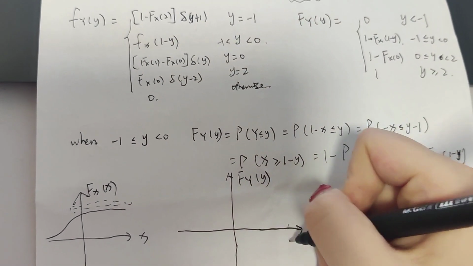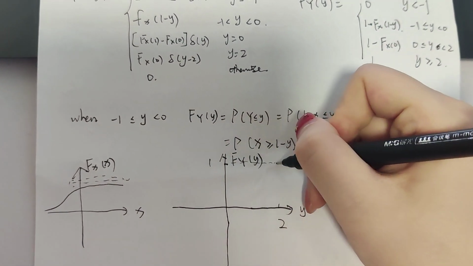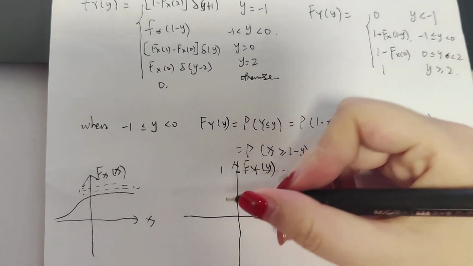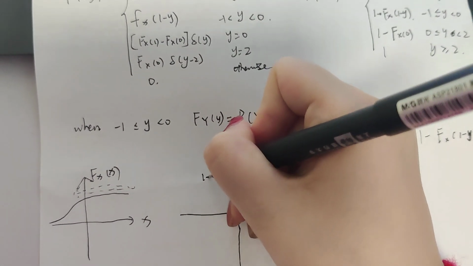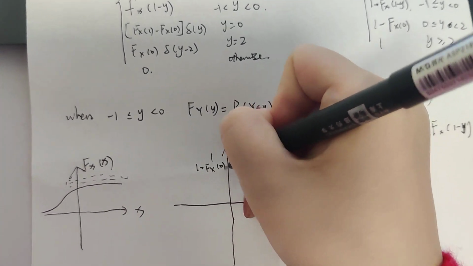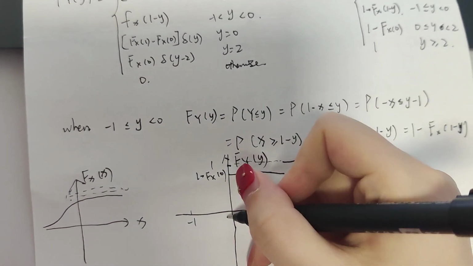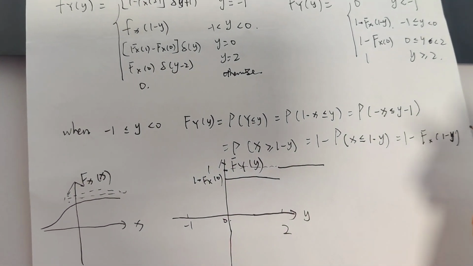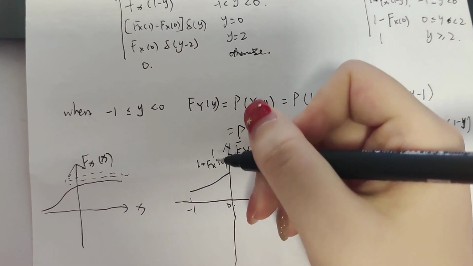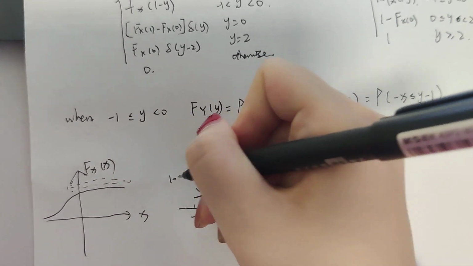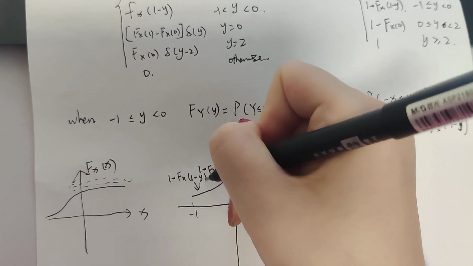When y is bigger than 2 it equals 1, and from 0 to 2 it equals 1 minus F_X(0), and from minus 1 to 0 it equals 1 minus F_X(1 minus y).